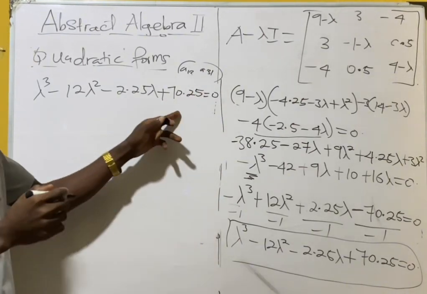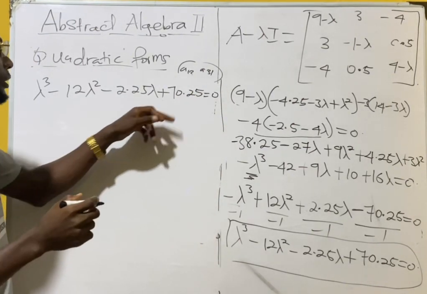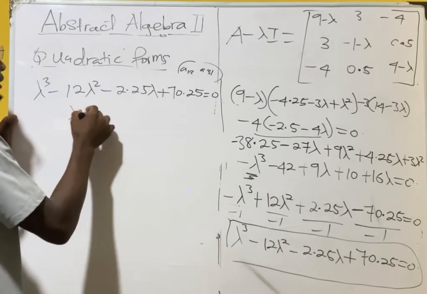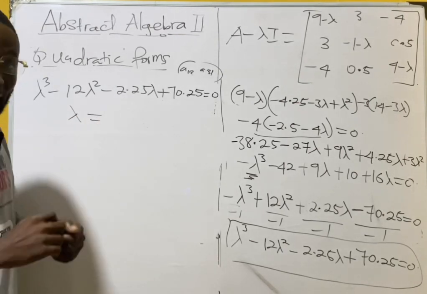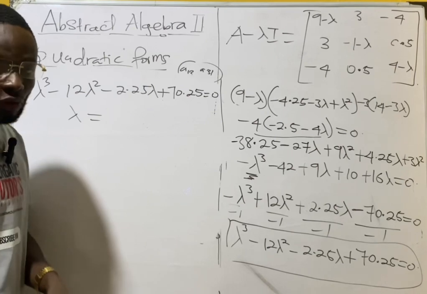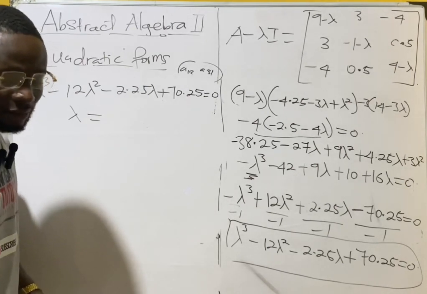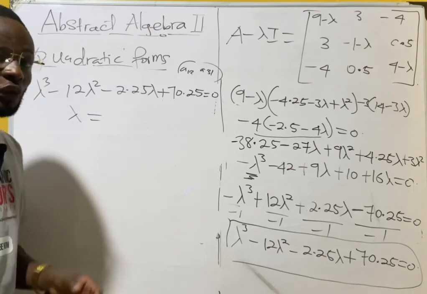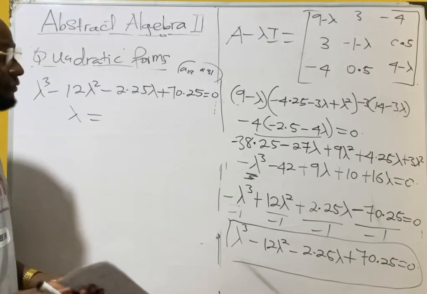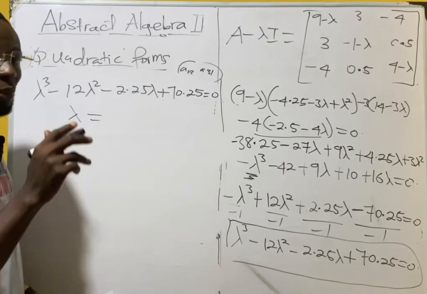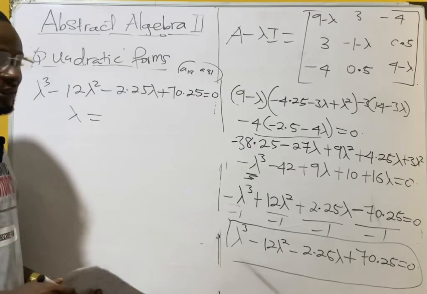When you solve this using your calculator, please try to use the full decimals that you have, because if you don't, you're going to be short when finding the eigenvectors, all right?